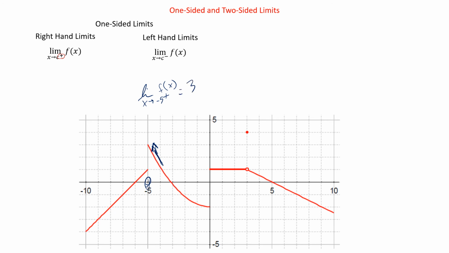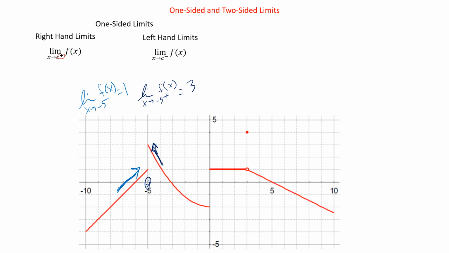It's going to 3. And then the limit as x goes to negative 5 from the left of f of x, that would be coming from this side. It's going to 1. So those are those two limits.